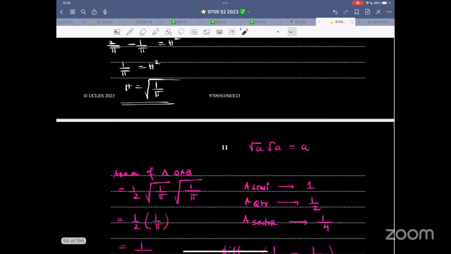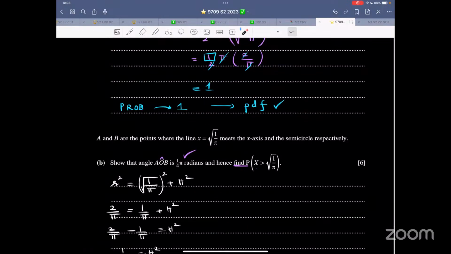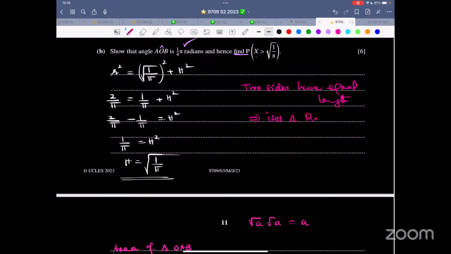So basically, this is the next part. Hold on for a second. What they are saying is that we have to prove that it's an isosceles triangle. So therefore, two sides have equal length. Make sure to write it. Therefore, it's an isosceles right angle triangle.